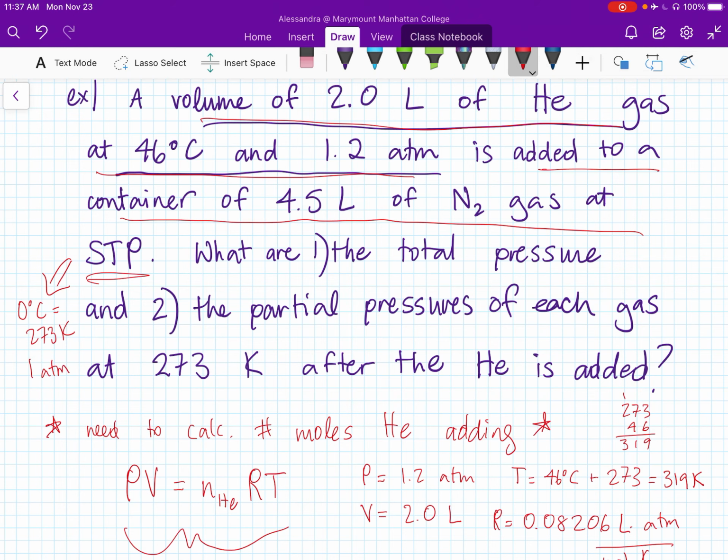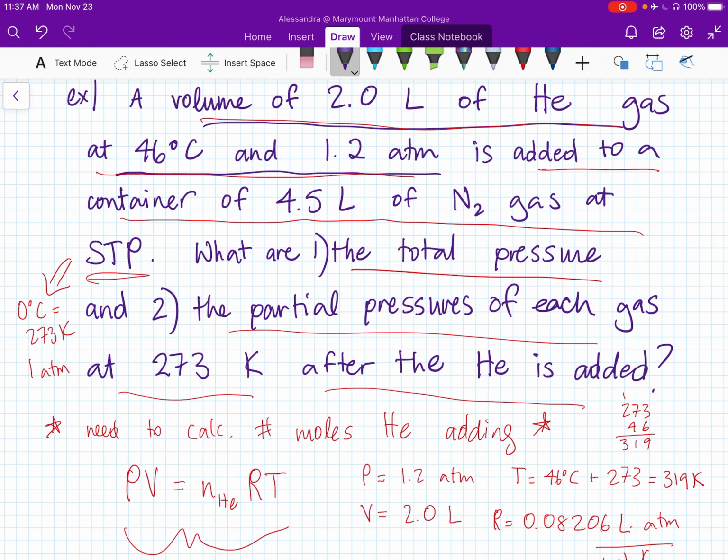So that means that when I do the calculation for nitrogen, I have the pressure and the temperature defined by that STP. So I want to figure out the total pressure and then the partial pressures of each gas, which I guess is still going to be at 0 degrees Celsius or 273 Kelvin after the helium is injected into nitrogen's container.